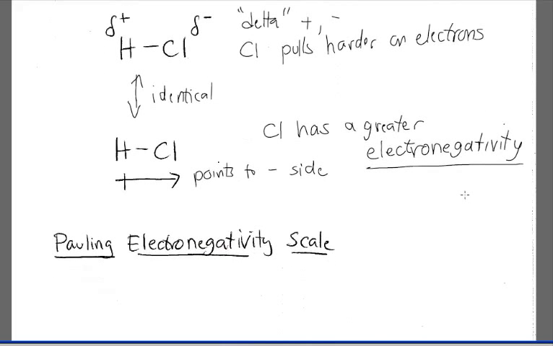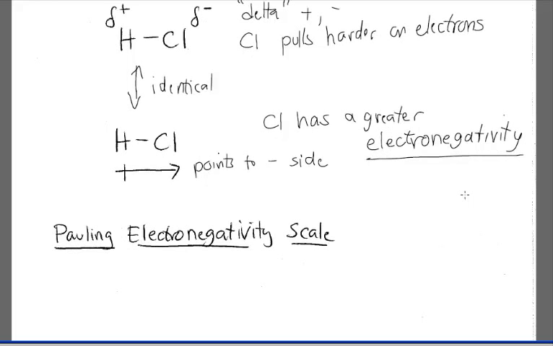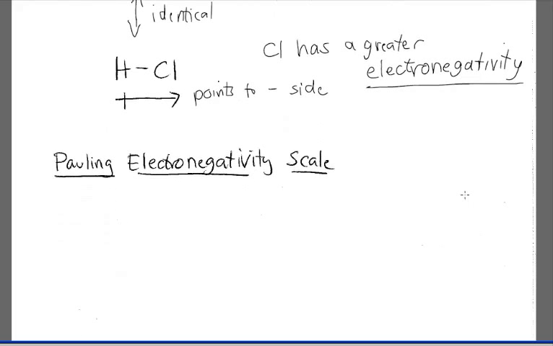And we have an electronegativity scale, the Pauling electronegativity scale, to rank different atoms according to how much they pull on the electrons. A couple of things to note: the noble gases have very, very low electronegativity. They are happy with their electron configurations, and so they don't pull on the electrons much at all.